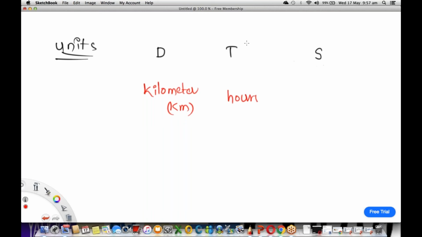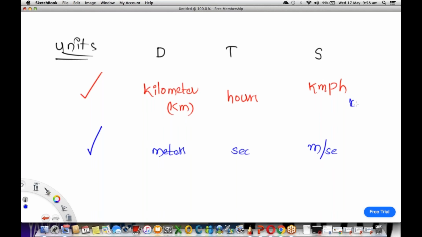And speed is distance by time, so speed will have the unit kilometer per hour. This is the SI unit. If I'm calculating the same thing in another unit, distance I'll treat in terms of meters, time I'll calculate in seconds, and then speed will become meter per second.